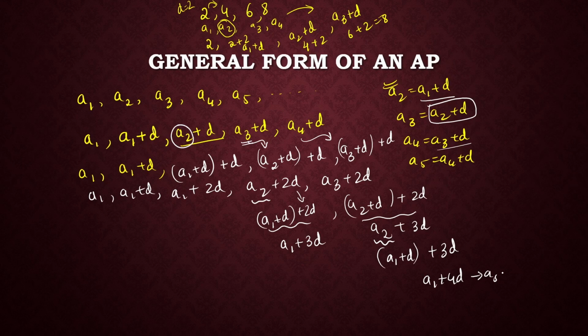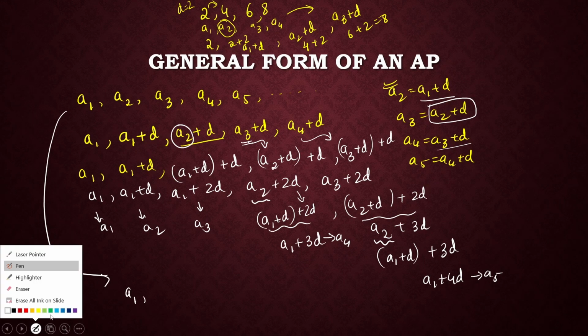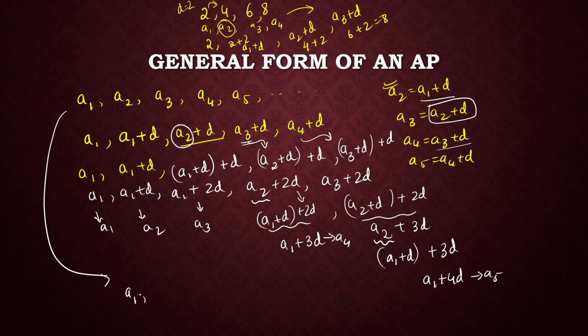So this was your A5, and this is your A4, and this is your A3, this is your A2. So this is your A1. So finally I can write this whole series as A1, A1 plus D, A1 plus 2D, A1 plus 3D, A1 plus 4D, and it goes on.